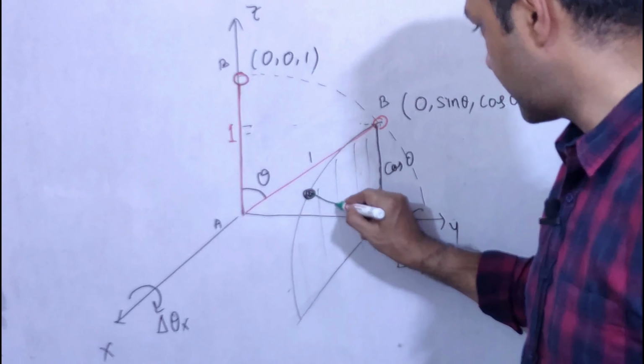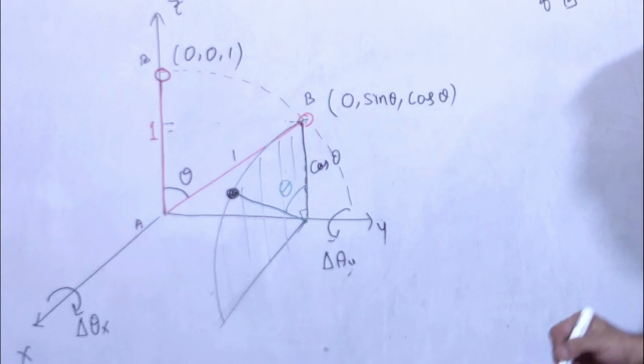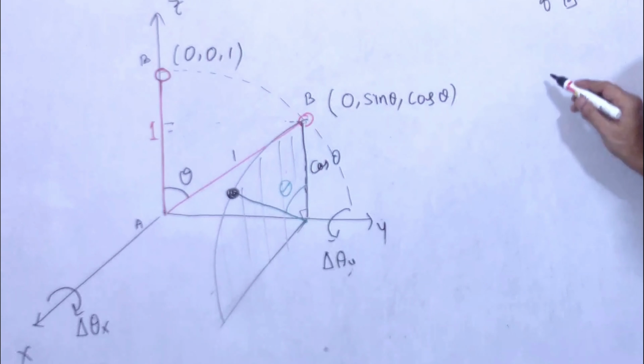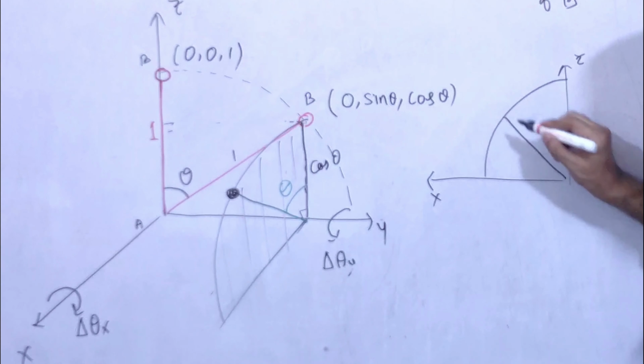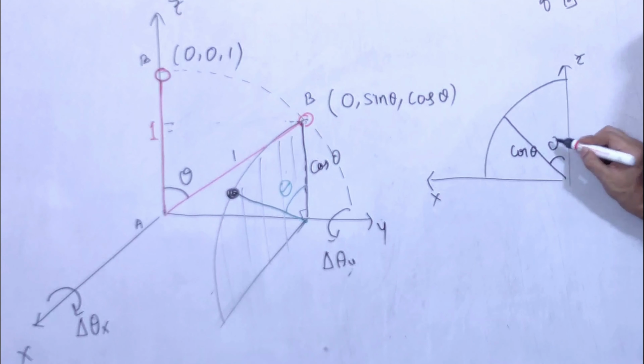So this line is parallel to x-axis. If I show it here, this is parallel to z-axis like this. This is z-axis, and this is parallel to x-axis. And the body moved in the circle of radius what? Cos theta. So this radius is cos theta, and this was the rotation theta.